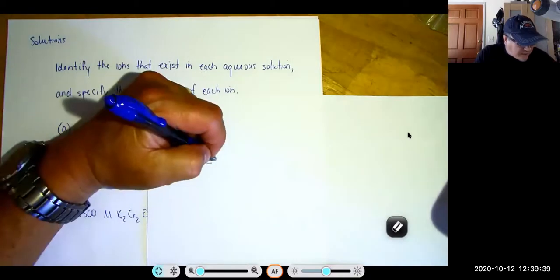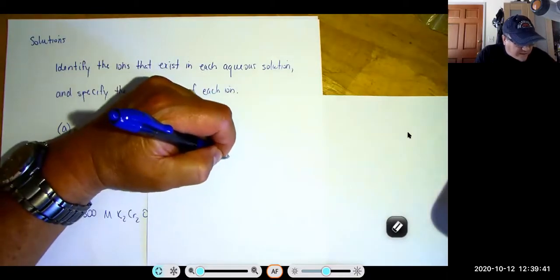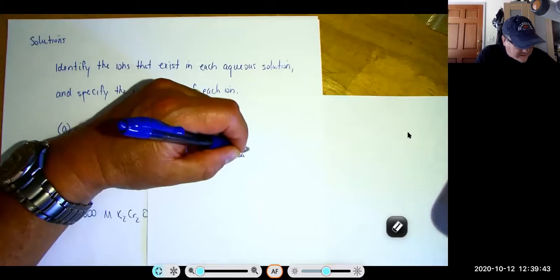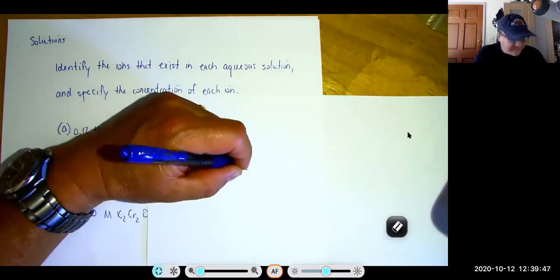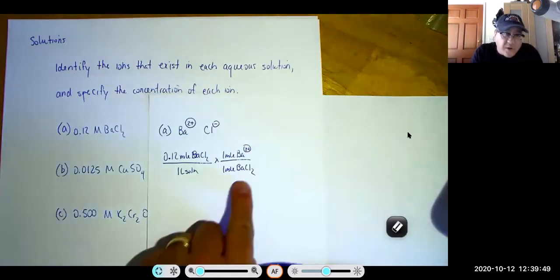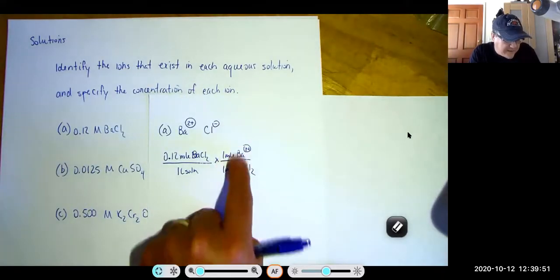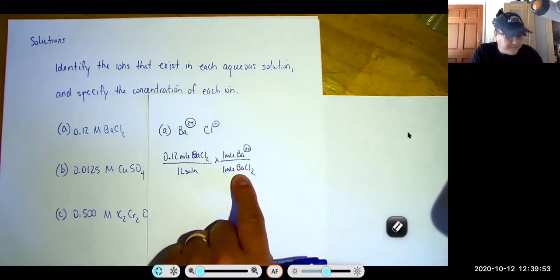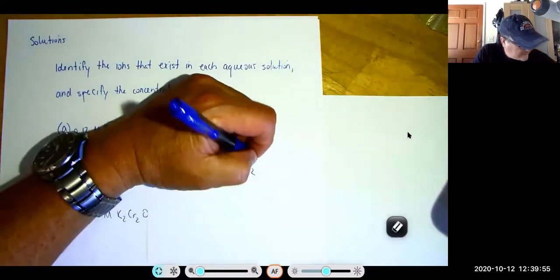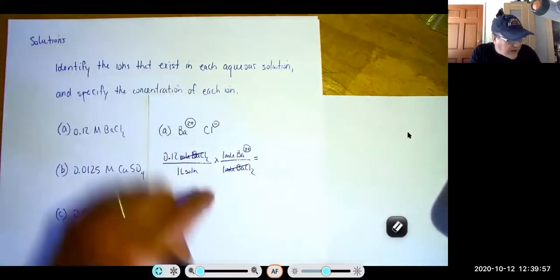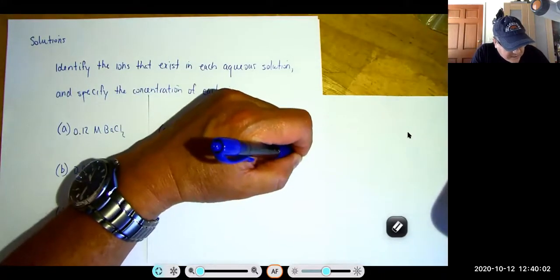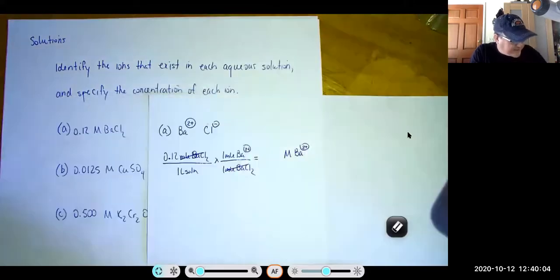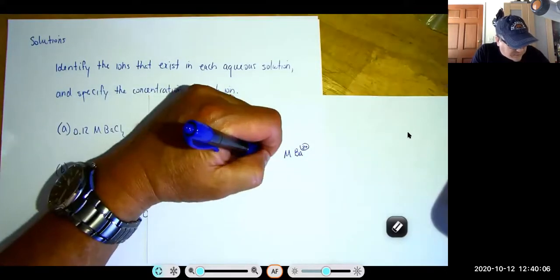Now I'm going to multiply by 1 mole of barium ion per 1 mole of barium chloride, because for every 1 mole of this, there's 1 mole of ion. The formula tells me so. So when I have moles per liter, I can write molarity barium ion, and I can see that this ends up being 0.12.